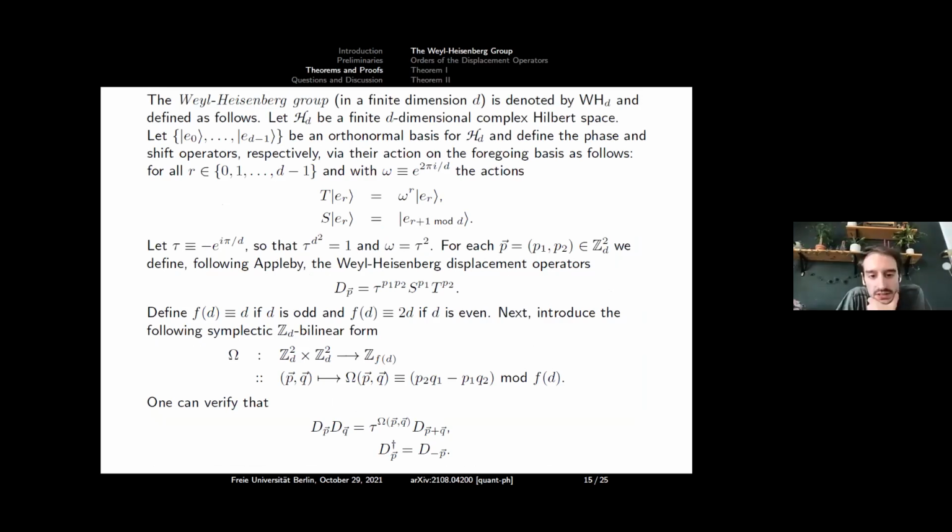And then the symplectic. I'm not sure, but it's not f of d. F of d is 2d.